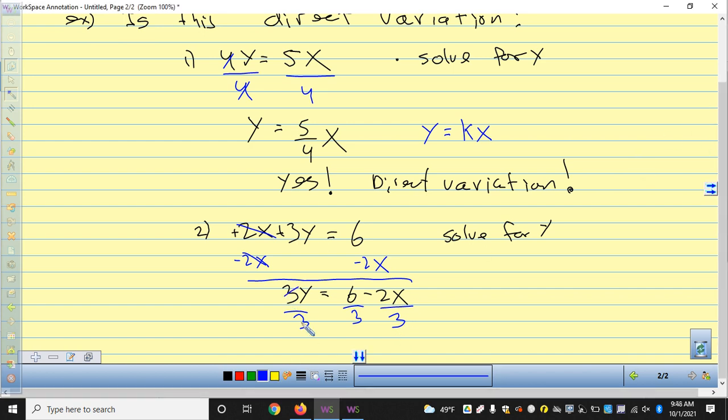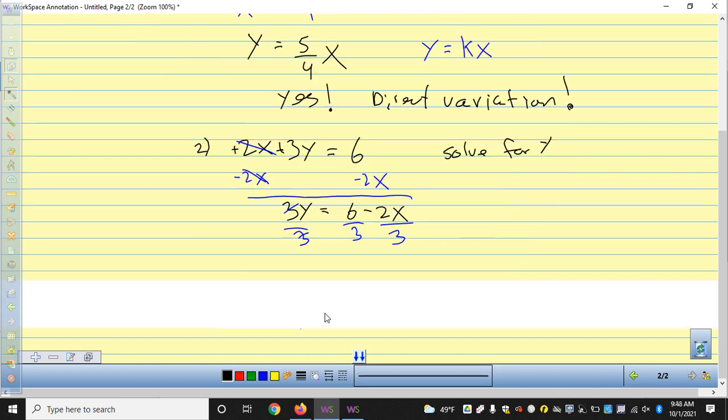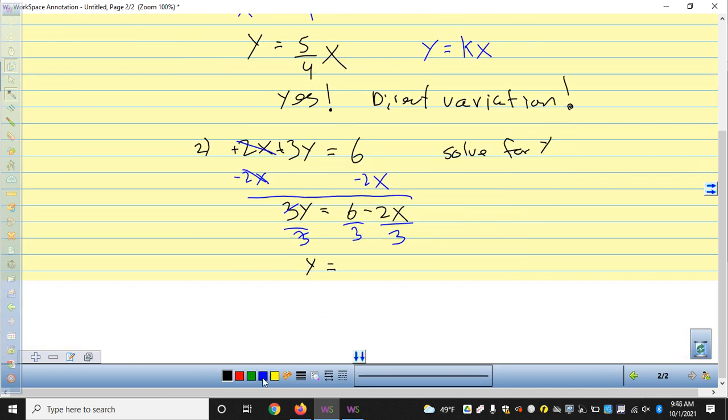Well, these go away. And I get y equals 6 divided by 3 is 2 minus, and here I'm just going to write this as 2/3 x. 2 minus 2/3 x. Does this look like y equals some number times x?